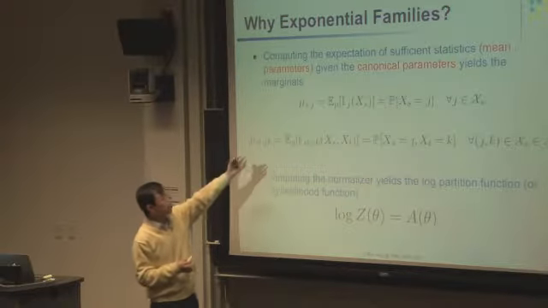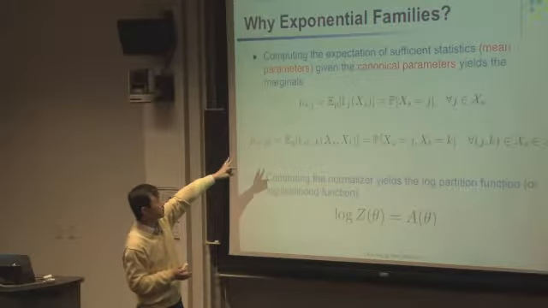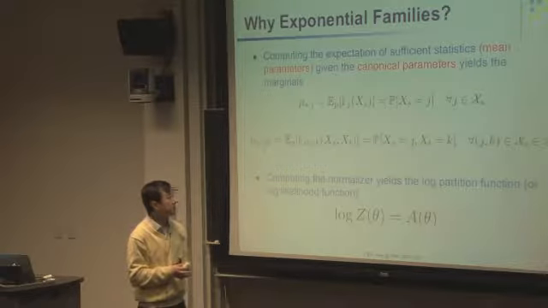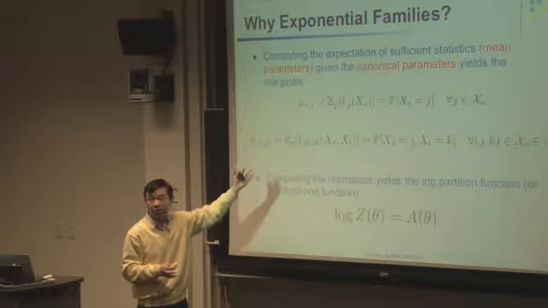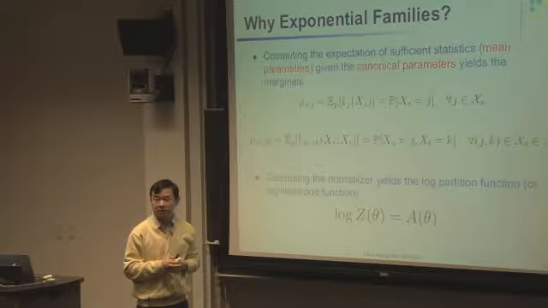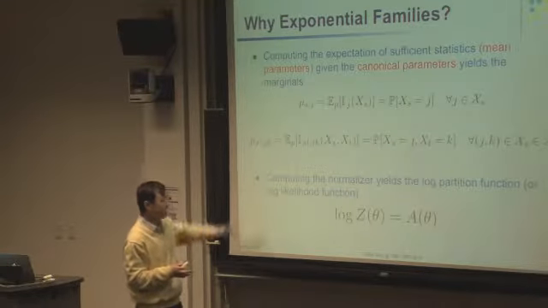So here, you have this mean parameterization mu, which corresponds to the expectation of your sufficient statistic, right? And they correspond to what? The first derivative of the log partition function, if you remember. And here is another moment matching function.